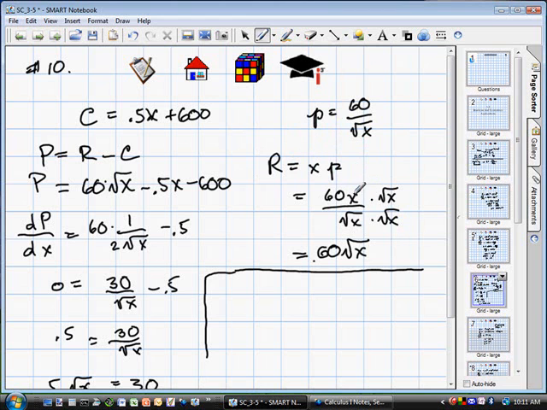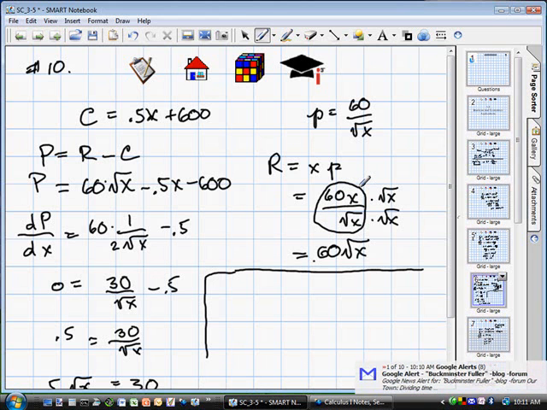When I multiplied it by x, I got this, what I'm circling here. But I thought that might not be the best form, so I also multiplied top and bottom by the square root of x to rationalize the denominator. And then what happens? The x's cancel, and you just get 60 times the square root of x. So there's my revenue, 60 times the square root of x.